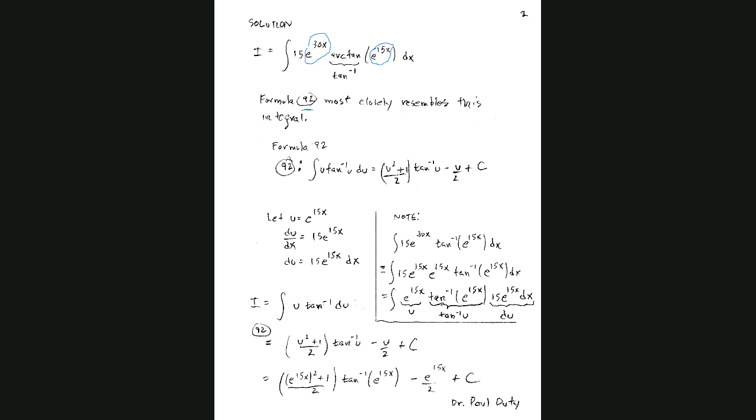It makes sense that I would write e to the 15x is u. And then I have another variable here. So 92 is going to be the one to use. But it still isn't quite a match. Let's just let u equal e to the 15x power and see what happens.